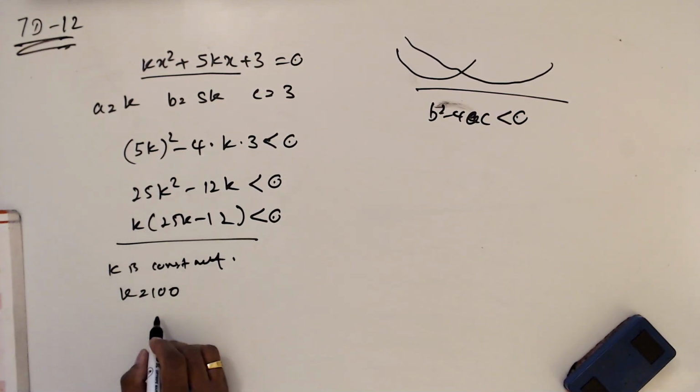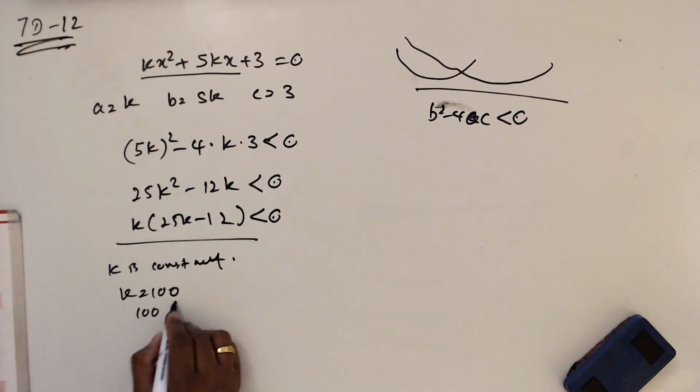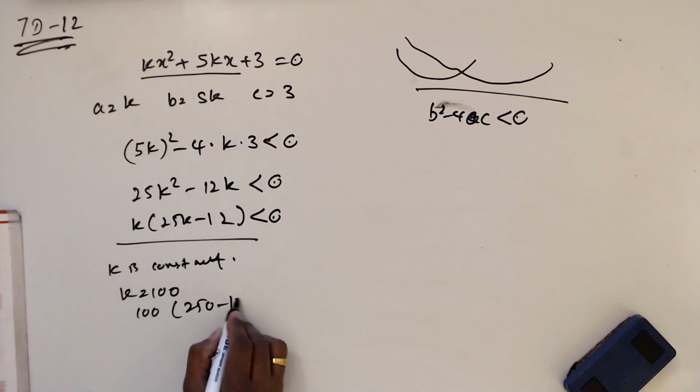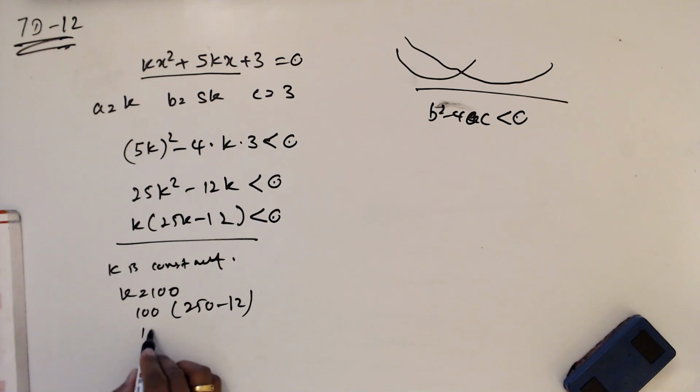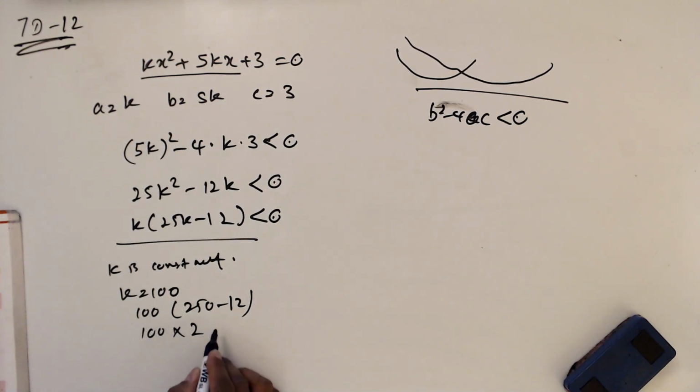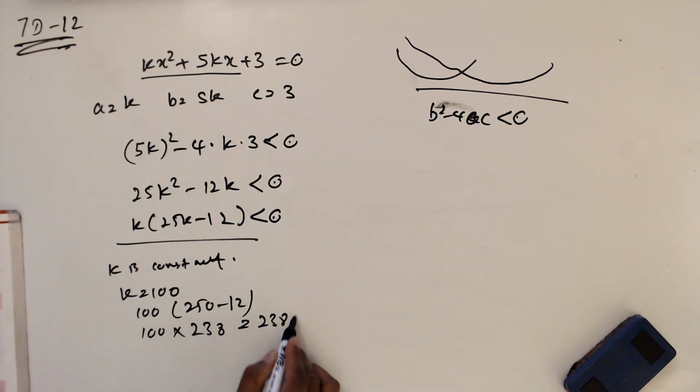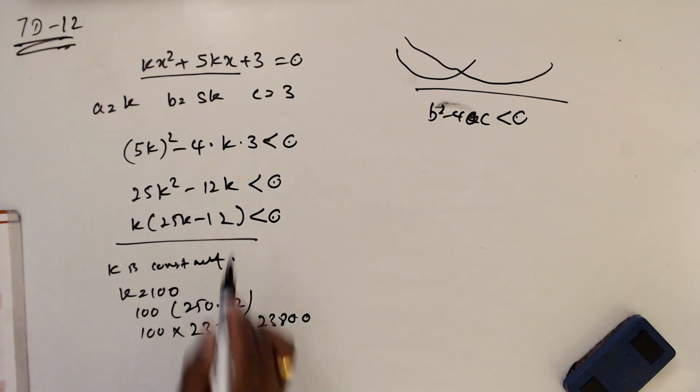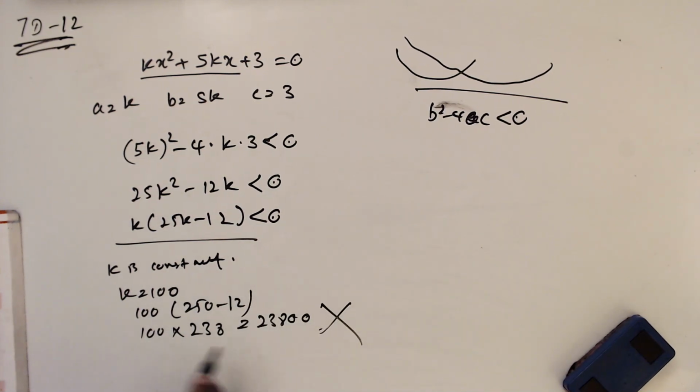Then what is this answer? 100 times (250 minus 12). This means 100 times 238, which is 28,800. Is it less than 0? No.